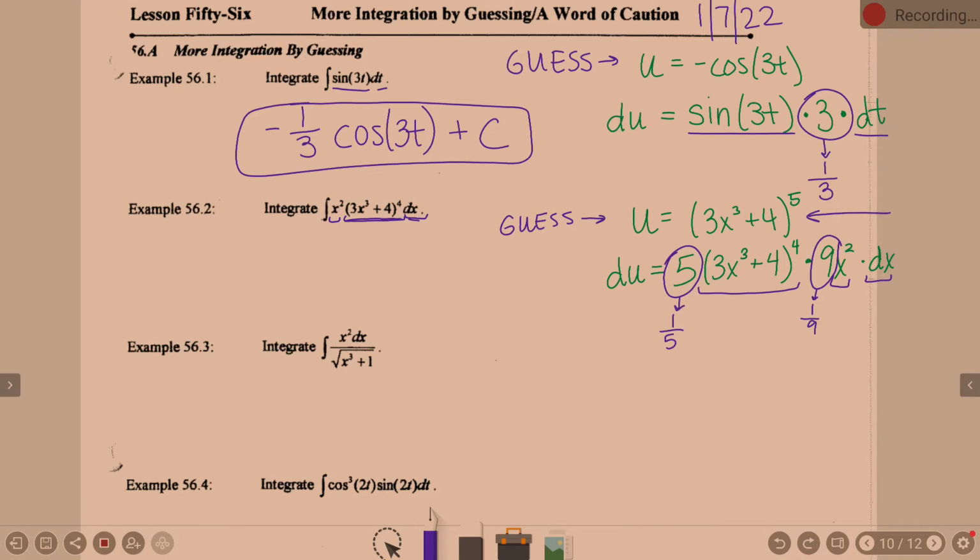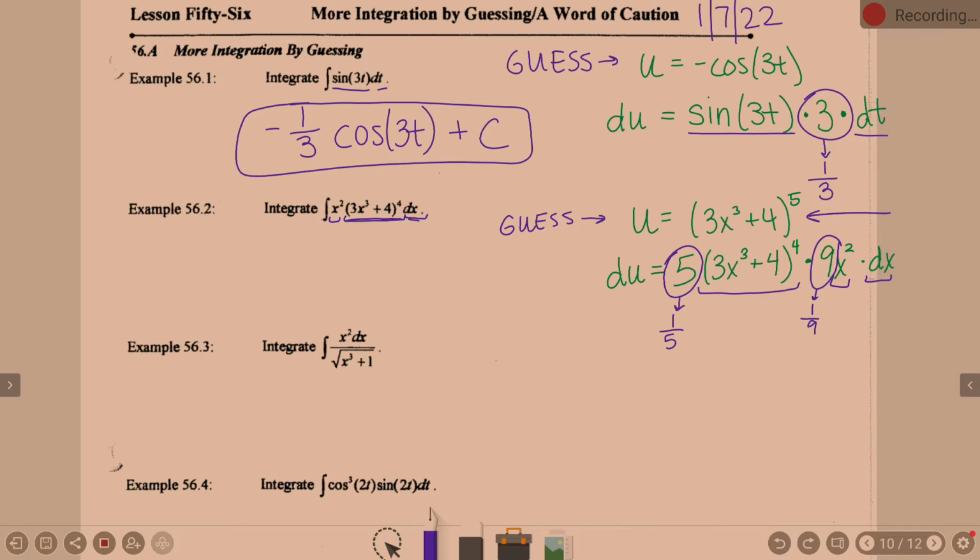Okay, so you're always going back and grabbing your guess as your answer. Because at this point, we're knowledgeable enough to know, oh hey, it was a sine we were integrating, our answer is some type of cosine. It was something to the 4th we were integrating, so we're going to have something to the 5th as our answer. Does that answer it? Yeah.